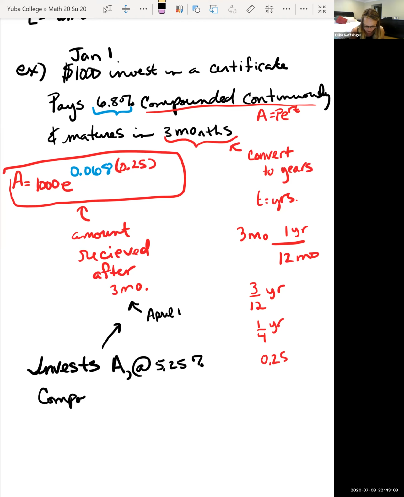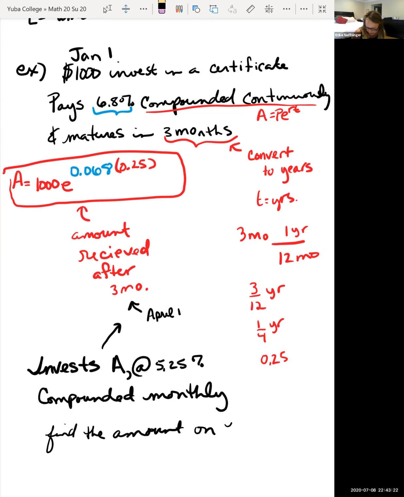It's compounded monthly. And we want to know the amount on May 1st.